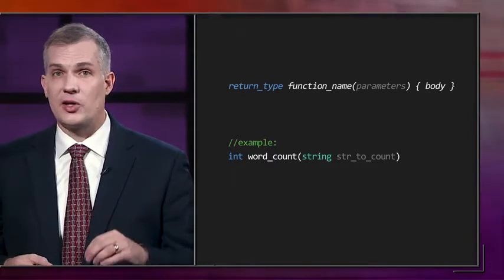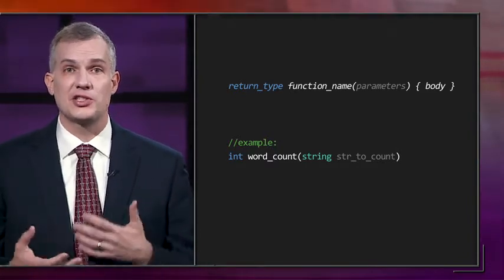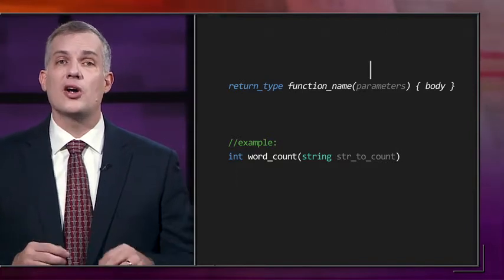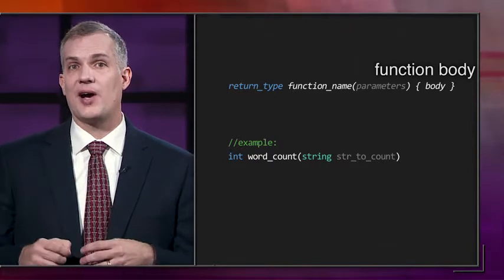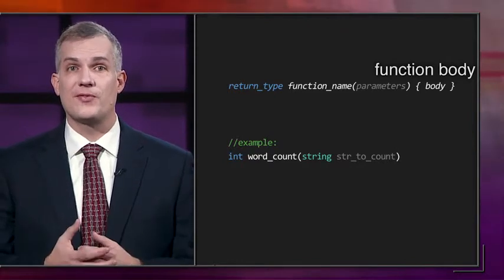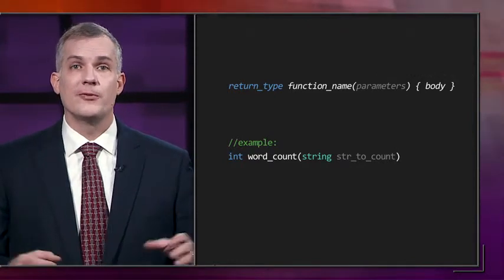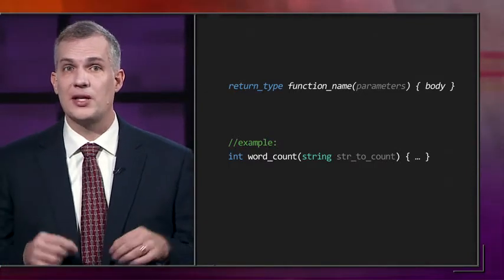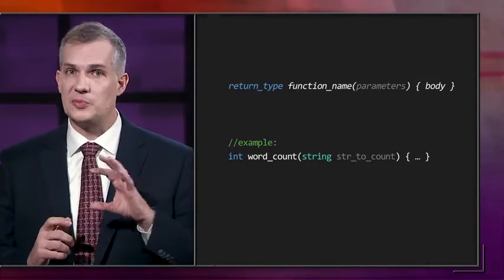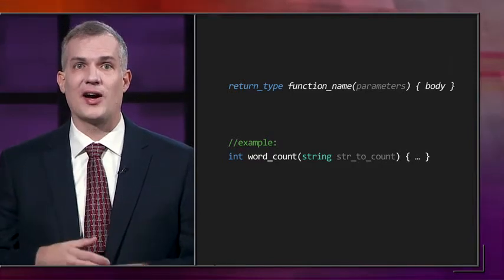And inside of the curly braces will be the actual instructions for the function. We call this the function body. These are the actual contents of the black box, the commands that run whenever the function is called. For this initial code snippet, I'm not showing any specific commands for the function body right now. But don't worry, we'll spend lots of time inside the black box in this lecture.